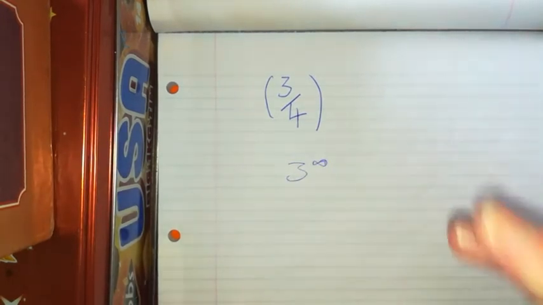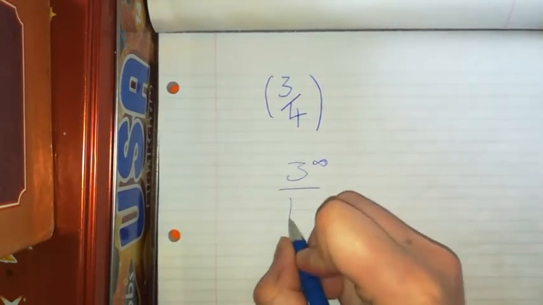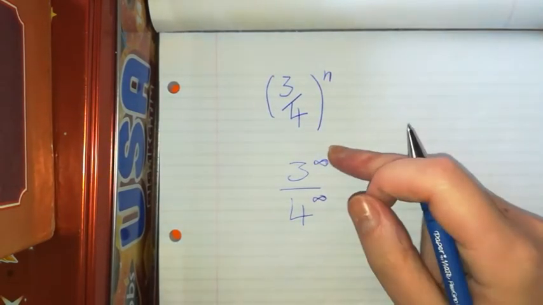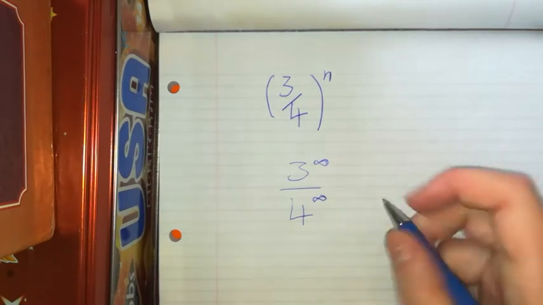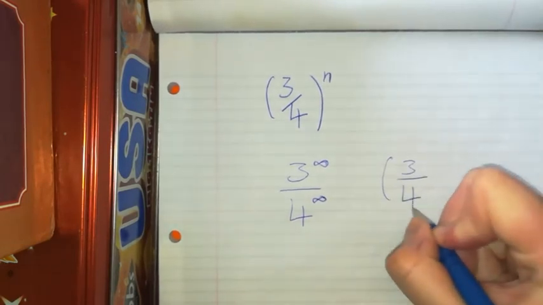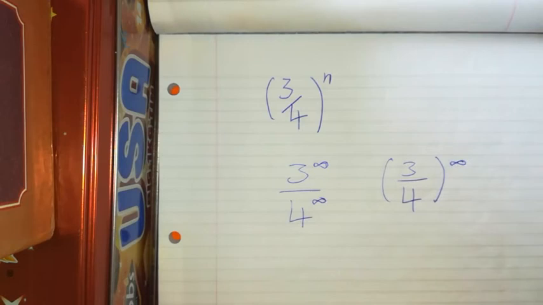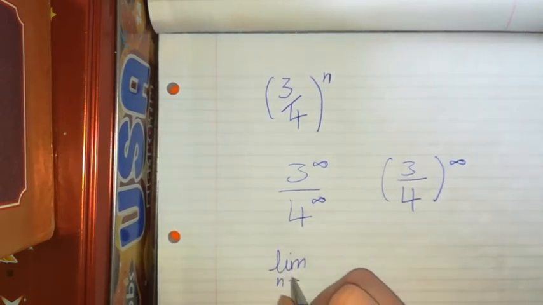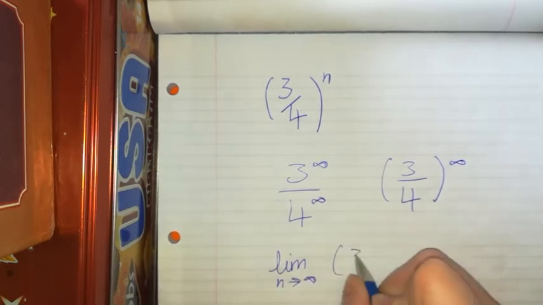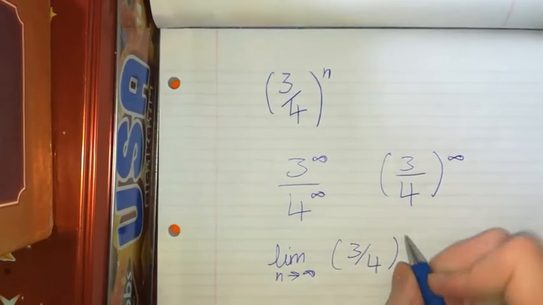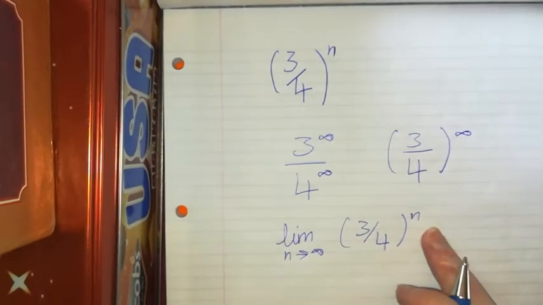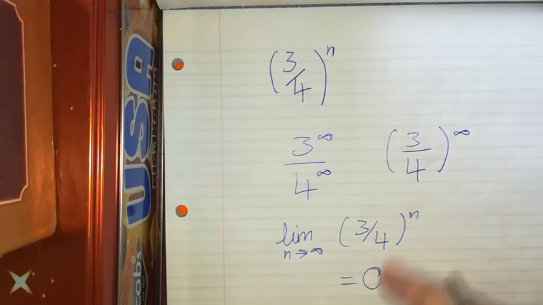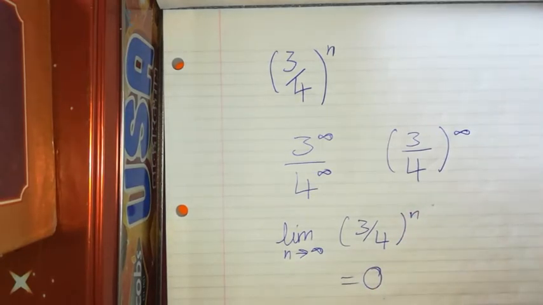I'm not sure exactly what answer they wanted for this, but because this is the fraction of the triangle remaining, it can be 3 to the power of infinity over 4 to the power of infinity, or all of this to the power of infinity, or they could have asked the limit as n tends to infinity. I'm not sure which one they were looking for here, and then the limit as n tends to infinity is going to be 0. So either one, I'd say, is what they were looking for there.